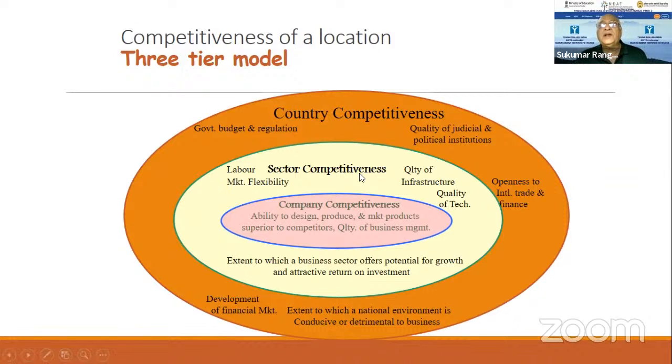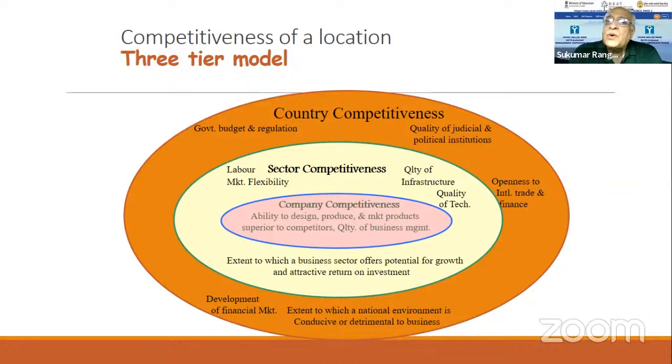Then sector competitiveness. What happens is, in our country, certain sectors are highly competitive with respect to certain products. When it comes to automobiles, as I said, one area of Tamil Nadu is very competitive. Similarly, Haryana and Faridabad, that area is competitive. When it comes to chemicals and pharma, Gujarat is more competitive, that belt.